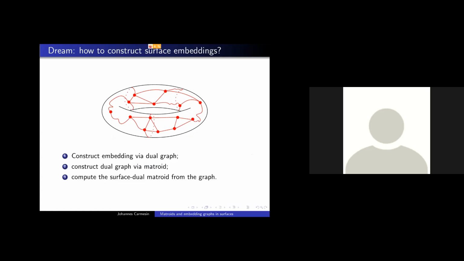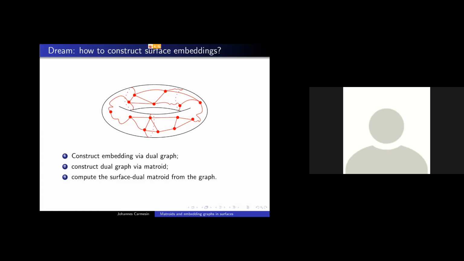Right, and so the question is, can we also do something similar for surfaces? So how would that work? We're interested in embedding the red graph into some surface, but we don't know the surface yet. So constructing the embedding directly would probably be too complicated, so we'd first like to compute some dual graph for the embedding.